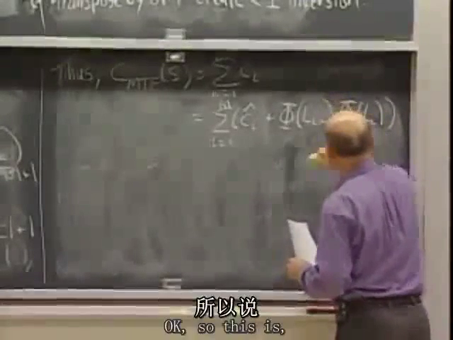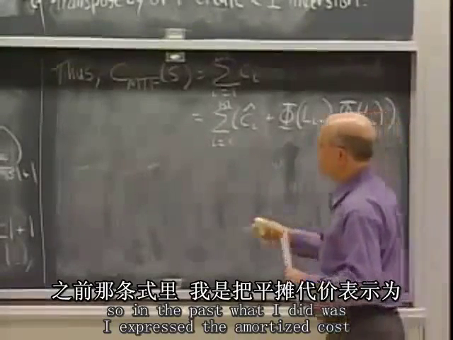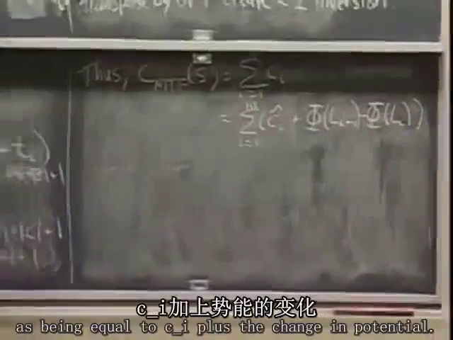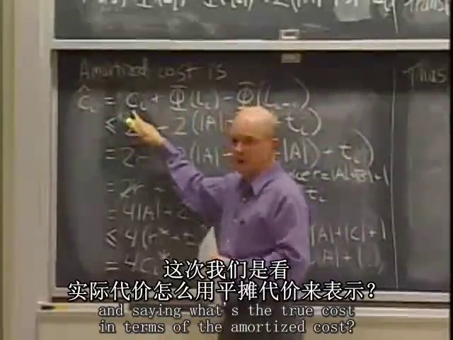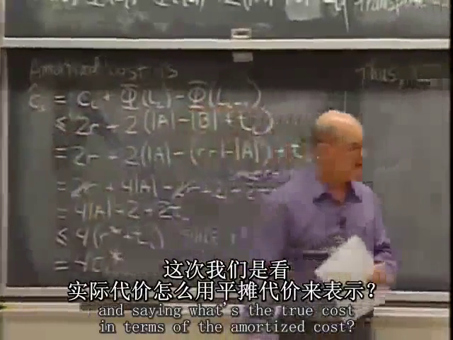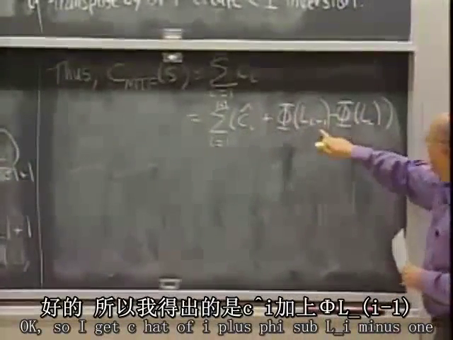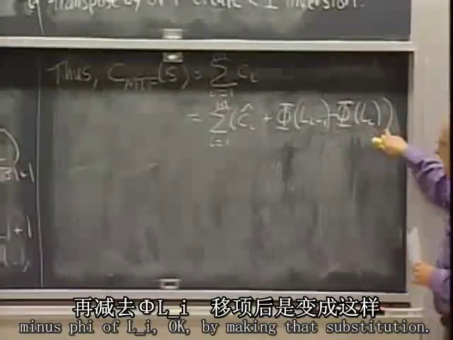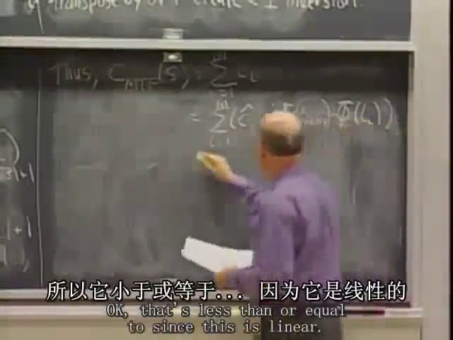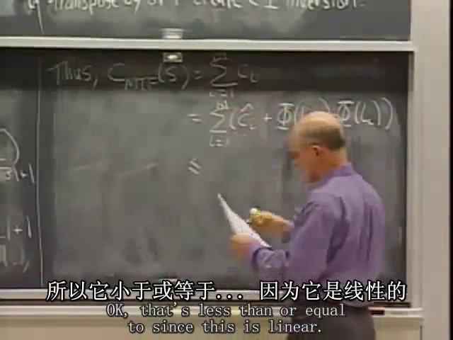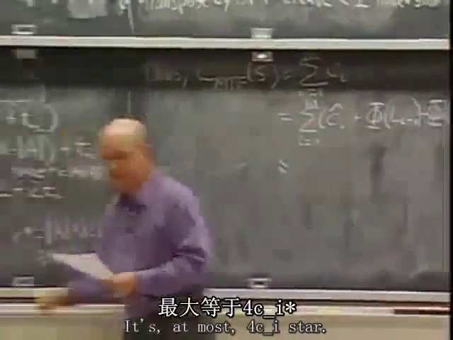So in the past, what I did was I expressed the amortized cost as being equal to ci plus the change of potential. I'm just throwing these two terms over to the other side and saying what's the true cost in terms of the amortized cost. So I get phi of L sub i minus 1 minus phi of L sub i, by making that substitution. That's less than or equal to, since this is linear, well, I know what the sum of the amortized cost is. It's at most 4 Ci star.